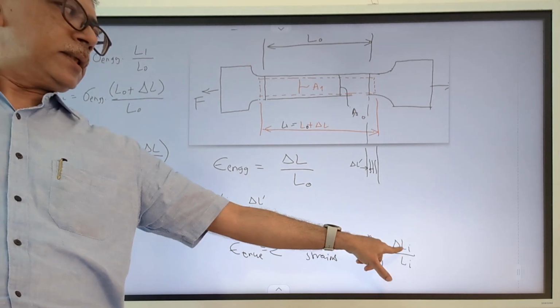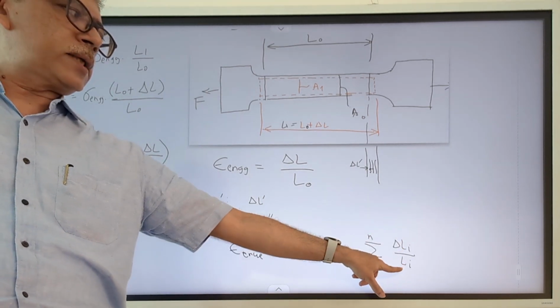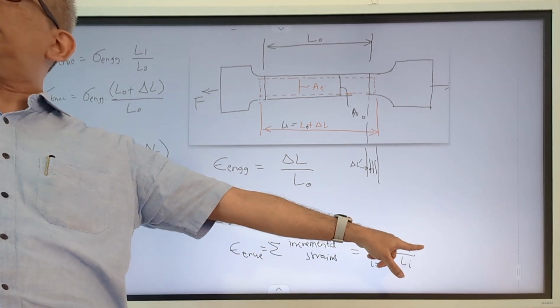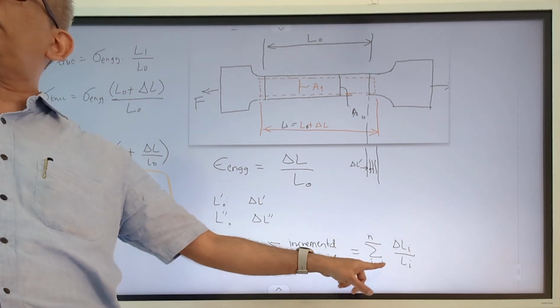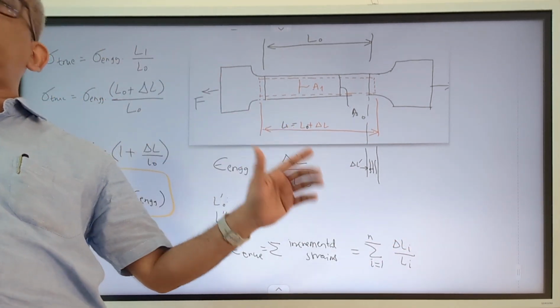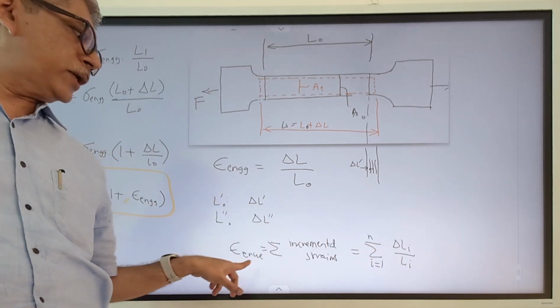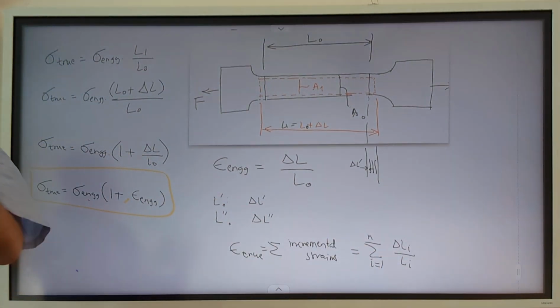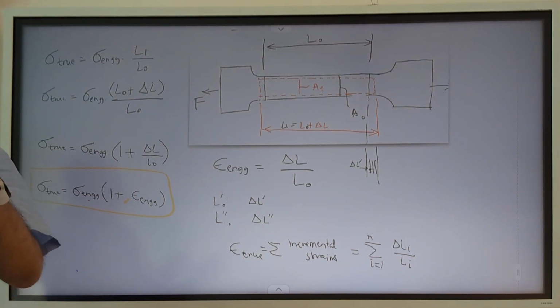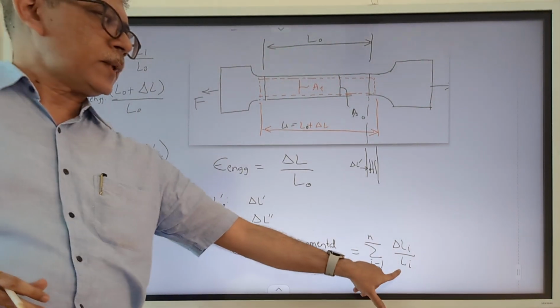The instantaneous ratio is called the incremental strain. If you add up all the incremental strains from the original length to the final length, you get a summation, and that summation is called the true strain.